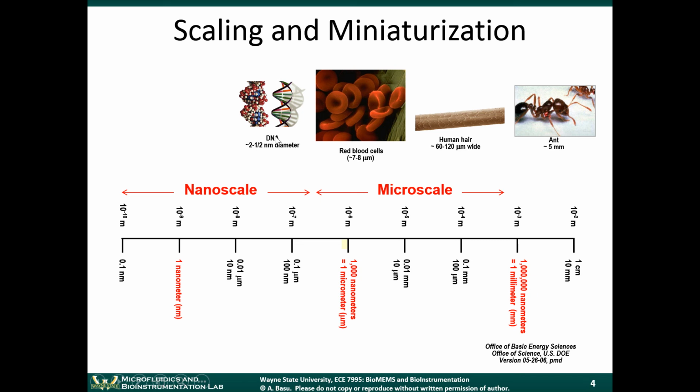So DNA is 2.5 nanometers in diameter, so it would be 1,000 times smaller, actually 2,000 times smaller than your red blood cells. So we're getting down into very, very small scales right now. DNA is getting down to the molecular scale. The diameter of DNA is really the diameter of a couple molecules and a few bonds.